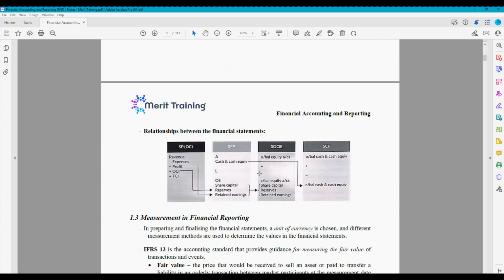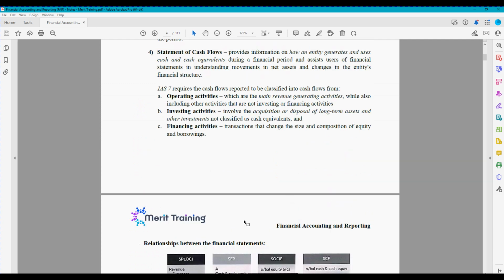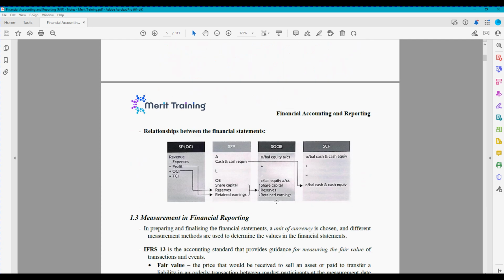Your balance sheet will have things like cash, which is linked to the closing balance of your statement of cash flow, right? Because we know that opening and closing cash needs to rec to the statement of cash flows. So there's various other things that link between them. For example, maybe investing activities could be balance sheet or P&L related items, but ultimately the key message is they all flow through and are all related.